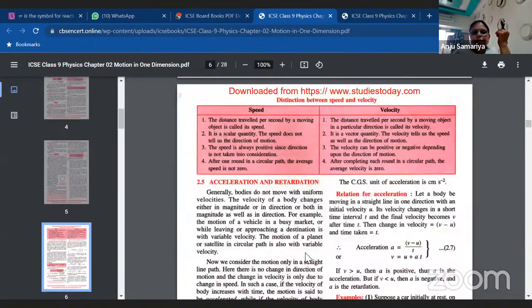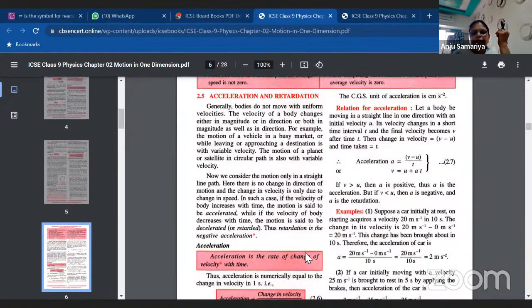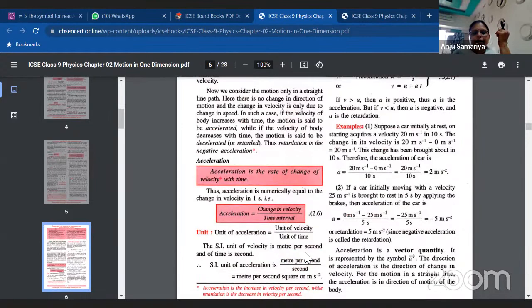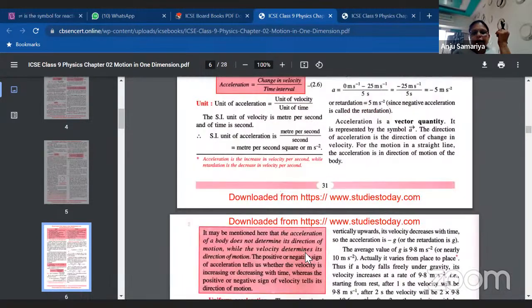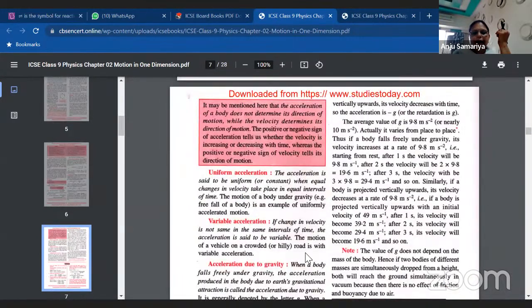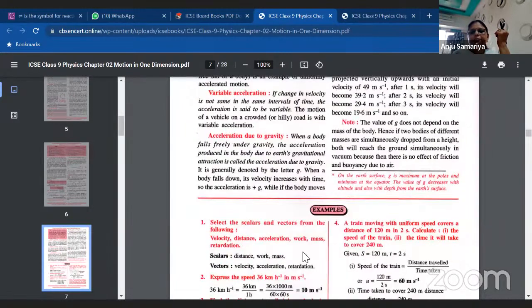Then we did the difference between speed and velocity, then acceleration and retardation. And then uniform acceleration, variable acceleration, and acceleration due to gravity. So all clear till here? Yes.